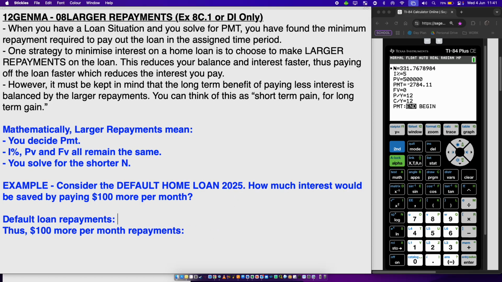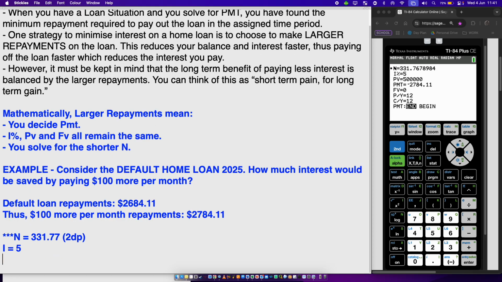So how do I show this maths? Default loan repayments were $2,684.11. The $100 more repayments are going to be $2,784.11. So the maths is going to look like this. I solve for N. It came up 331.77 to 2DP. The interest rate was still 5.